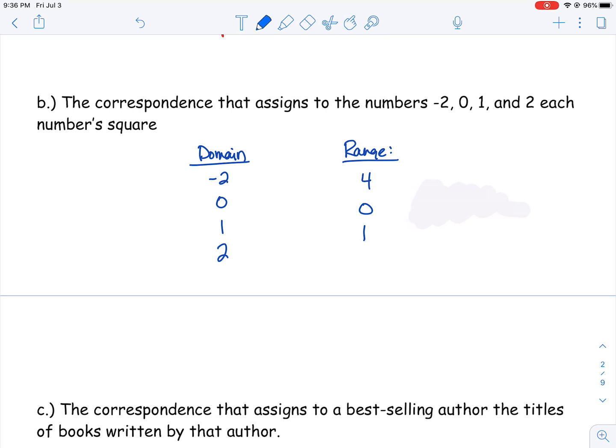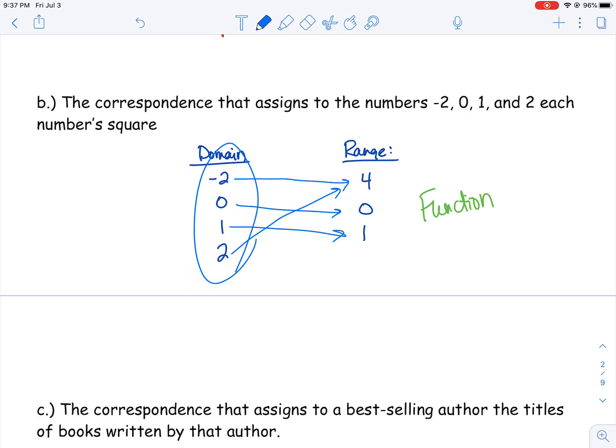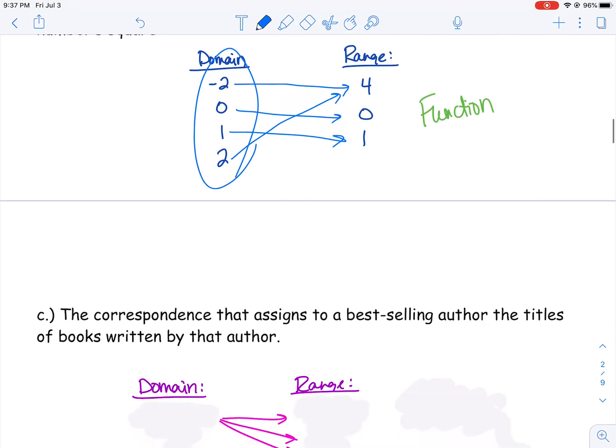All right, so if I go -2 to 4, 0 to 0, 1 to 1, and 2 to 4, does every x only go to 1 y? Yeah, that would be an example of a function. So maybe writing it out and kind of drawing arrows so you can see that every x only goes to one y value. Every domain only goes to one range. Maybe that's easier to kind of figure out if it's a function or not.